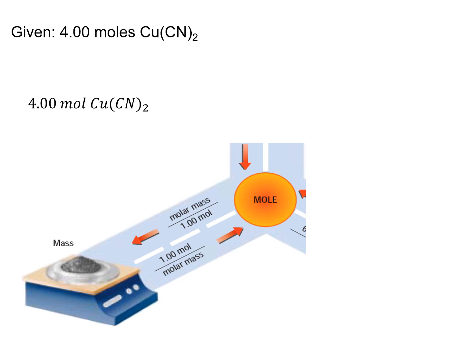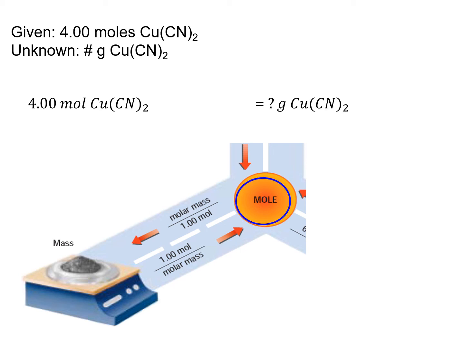I'm given 4 moles of copper 2 cyanide. Now, moles is in the middle of the mole roadmap, and what I want to find is the mass. So I need to go down to the lower left-hand corner. That's my unknown. So I'm going to write on the left-hand side of my screen what I'm given, 4 moles of copper 2 cyanide. On the right, what I want to find is grams of copper 2 cyanide.